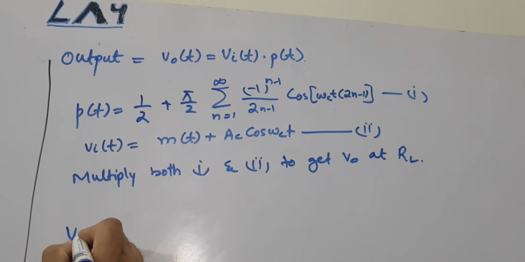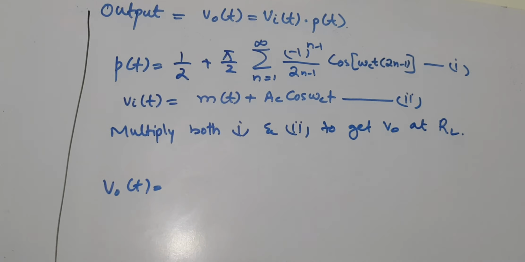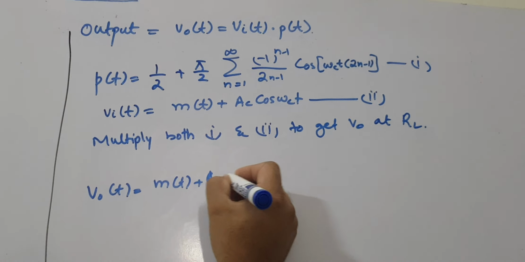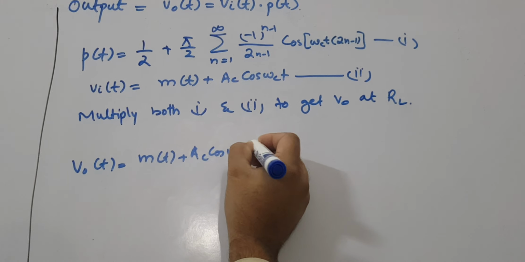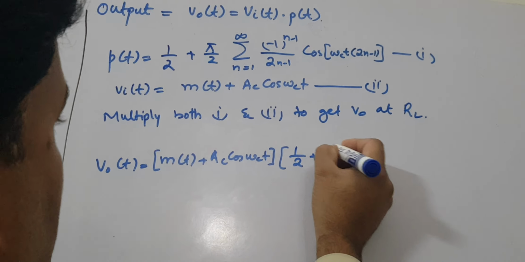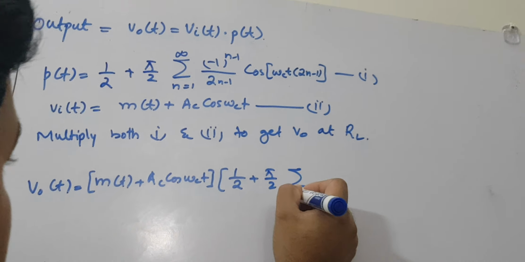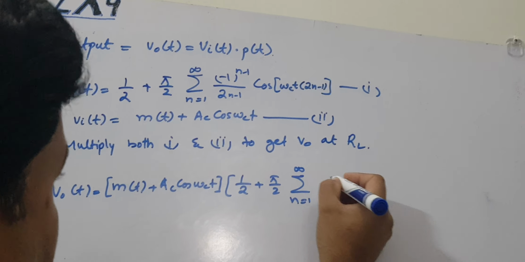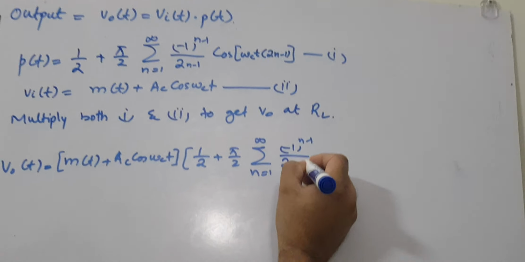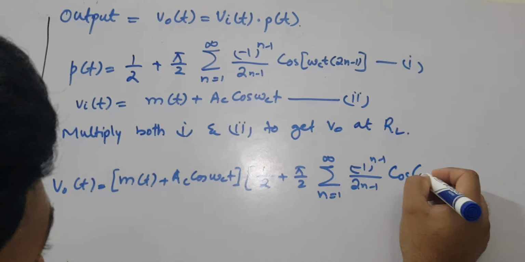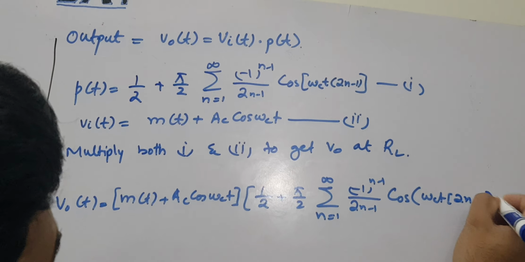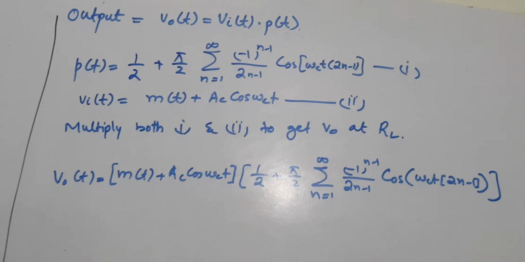So that is v_o(t) is equal to [m(t) + A_c cos ω_c t], and then you are going to multiply it by [1/2 + (2/π) summation n equals 1 to infinity (-1)^(n-1)/(2n-1) cos ω_c t(2n-1)], and then this is the resultant.